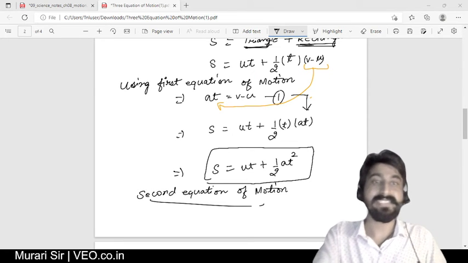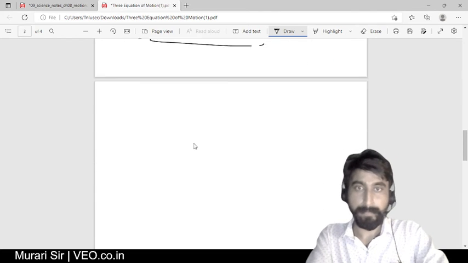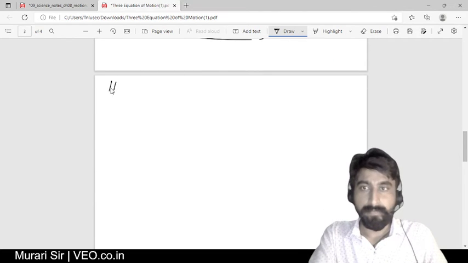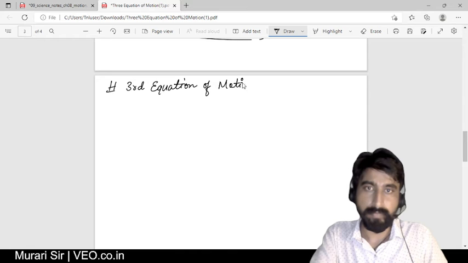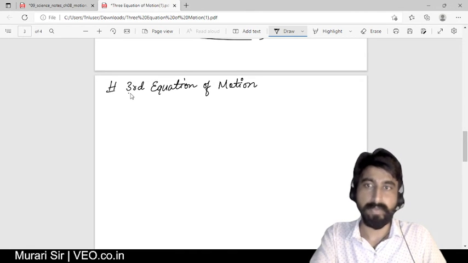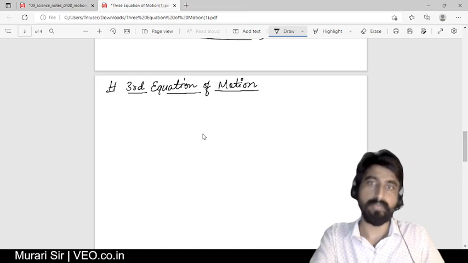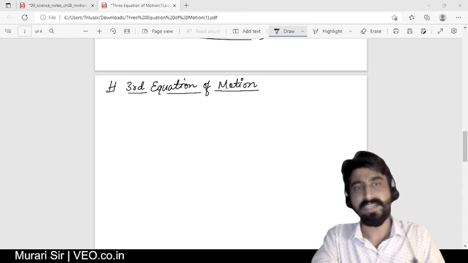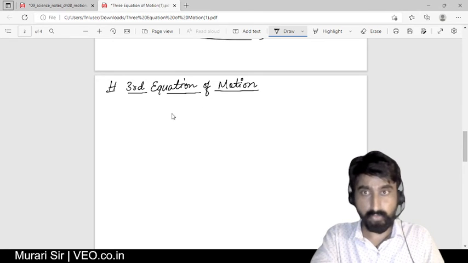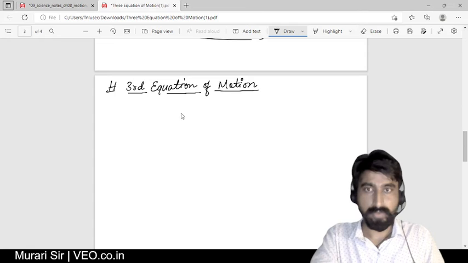All right, so let us consider that part. So the third equation of motion. That is very easy, important as well. So within this we consider, acceleration is equal to, you can say total velocity as well.